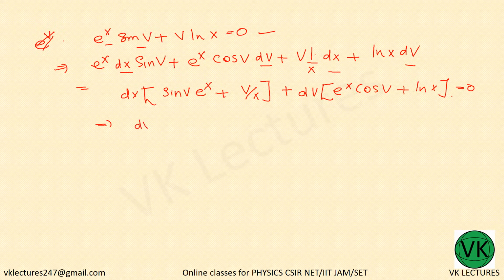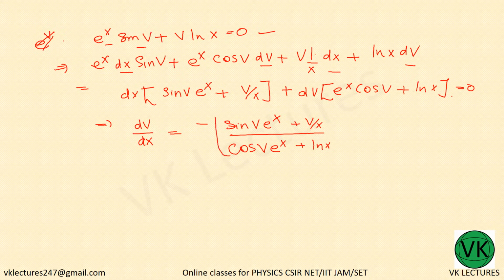Now we need dV by dx, that's equal to minus of, bring the x terms, sine V e to the power x plus V by x divided by, what is the other term, cos V e to the power x plus log x.